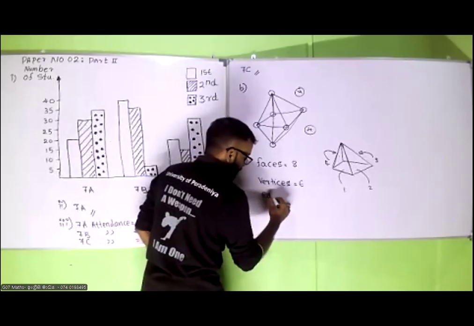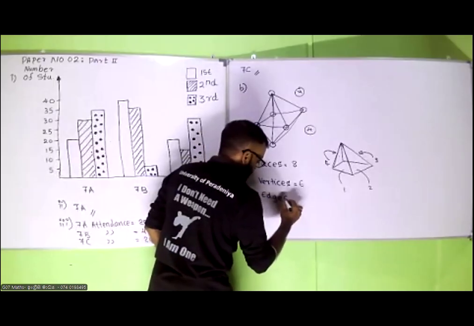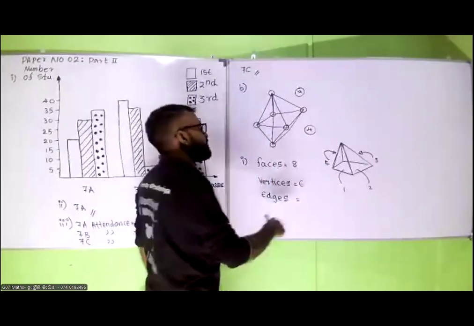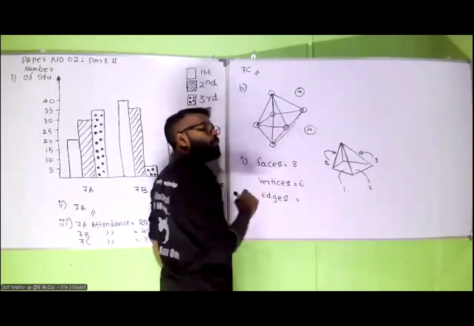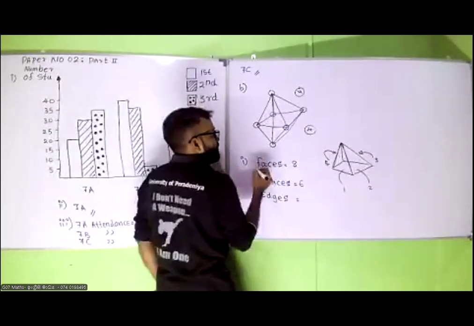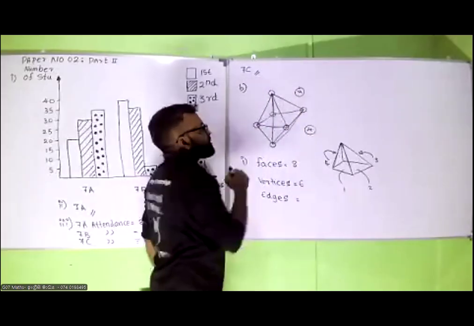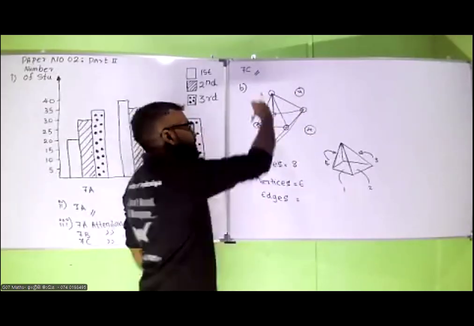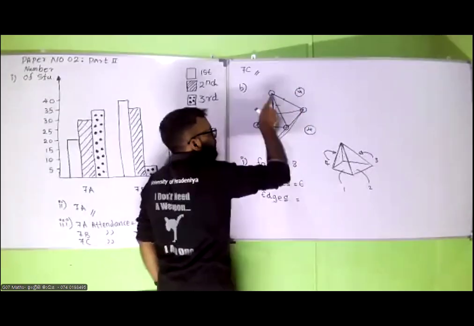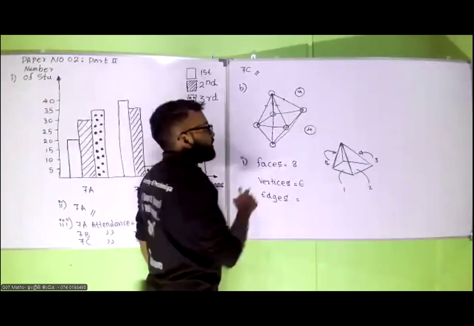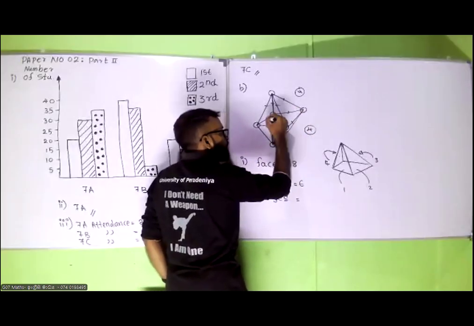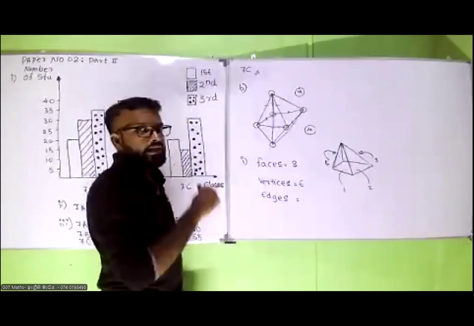Very easy. Now what you have to do is take your pencil and put a small mark on each and every edge. So on the topmost pyramid, we have 1, 2, 3, 4. Four edges. And here again 1, 2, 3, 4. 4 plus 4, 8 edges.